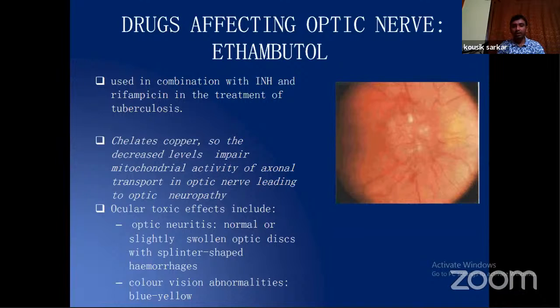Clinically, we can find disc swelling or papillitis with splinter-shaped hemorrhages. And as we all know, in any optic nerve disease the blue-yellow color vision is impaired. So in this case also you can have blue-yellow color vision impairment.